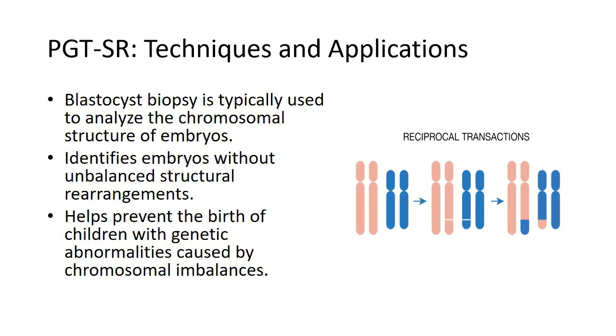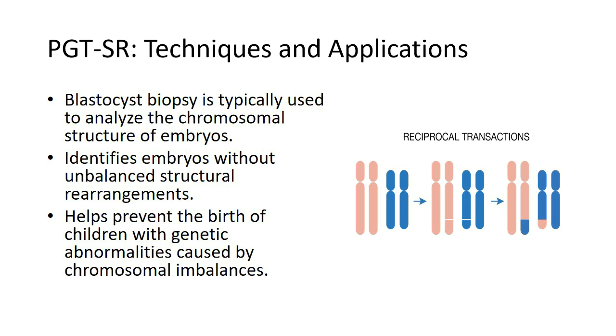C. Applications of PGT-SR. Preventing miscarriage. Individuals with chromosomal rearrangements are more likely to experience recurrent miscarriage. PGT-SR helps identify embryos without unbalanced chromosomal rearrangements, increasing the likelihood of a successful pregnancy.